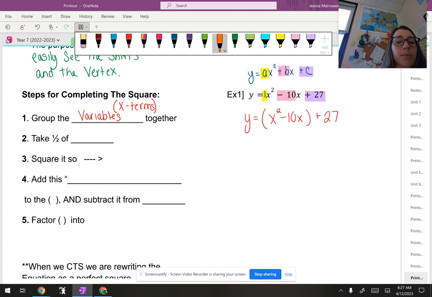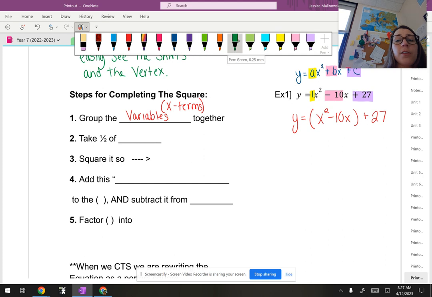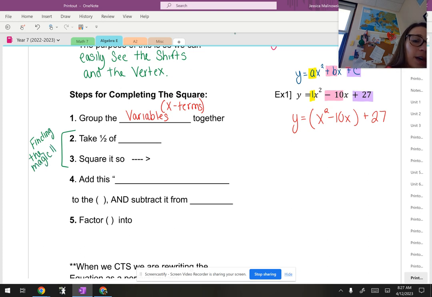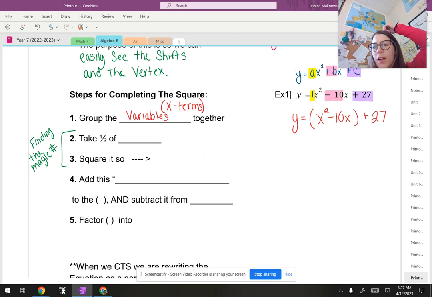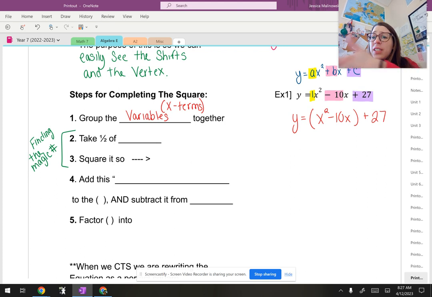This next step, steps 2 and 3, these two steps put together are you finding the magic number. I call it a magic number because I don't have a better word for it. But this magic number is the number that completes the square.